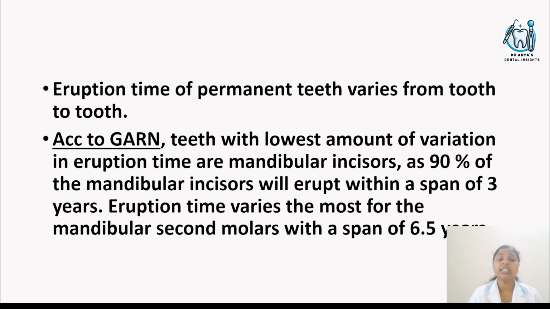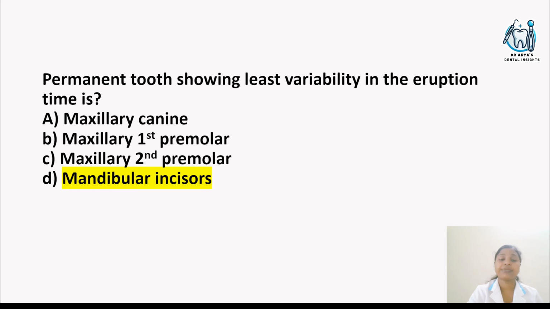According to Gahn, teeth with the lowest amount of variation in eruption time are mandibular incisors, as 90% of mandibular incisors will erupt within a span of 3 years. And eruption time varies most for mandibular second molars, with a span of 6.5 years. So the answer for the question is mandibular incisors, showing least variability in the eruption time.